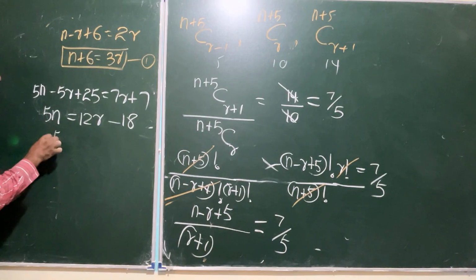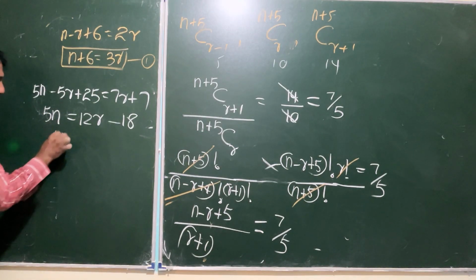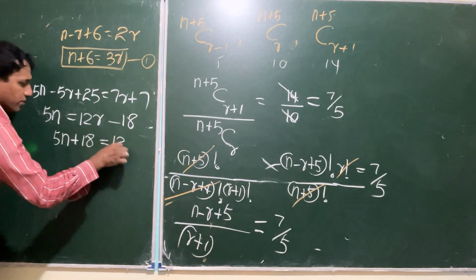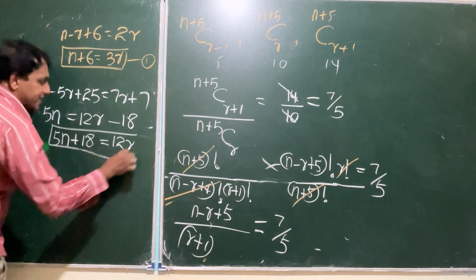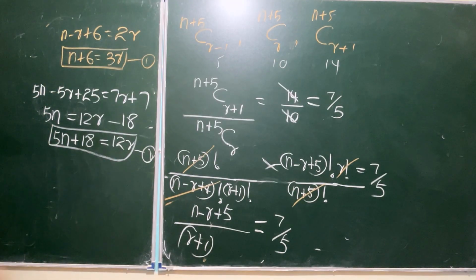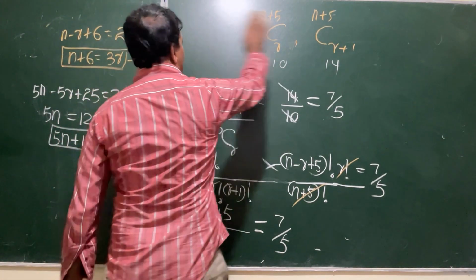Or otherwise, better, the question is to find the n value. So this is something like 12r. I take my first equation and second equation, so try to remove these two to find the n answer.